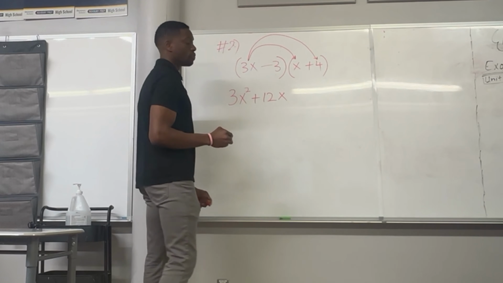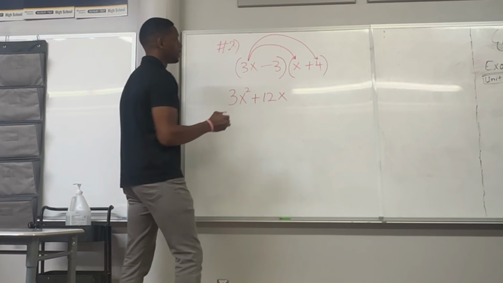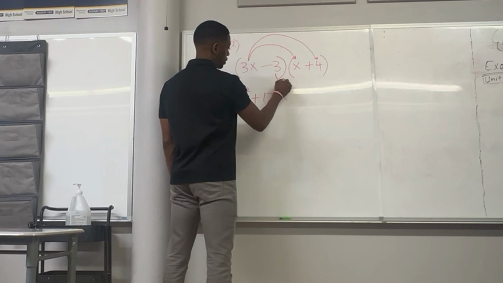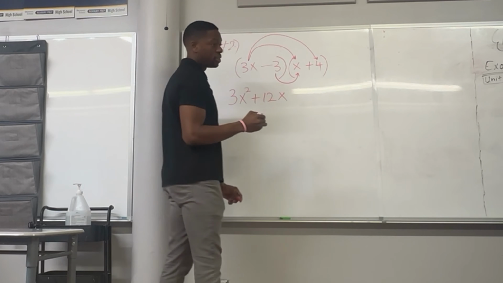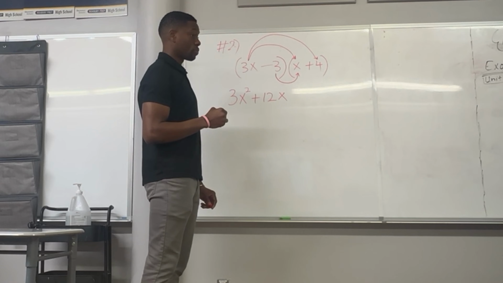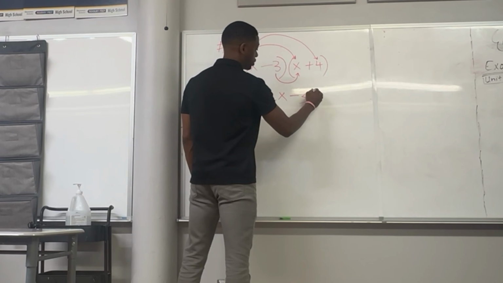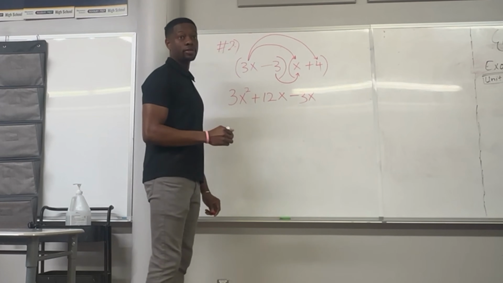See that? Now, this one times this. What does this give me? Negative 3x. Perfect.